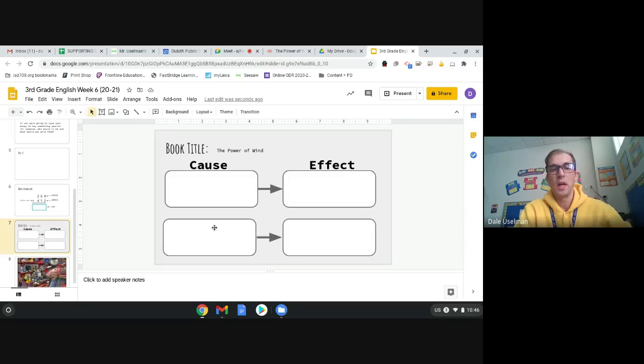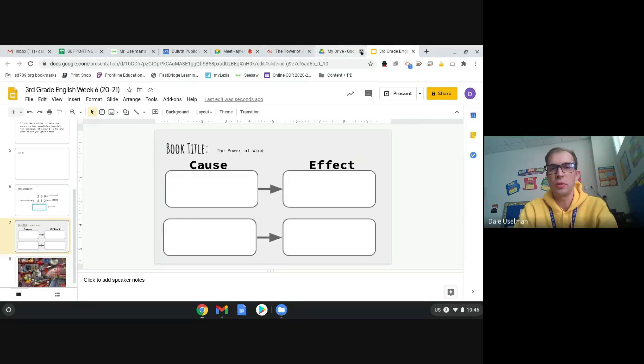Okay, another example would be if you spilled a glass of water, right, the table would get wet. This happened and it made this happen. Spilling the water made the table get wet. So we're going to look for more cause and effect relationships.